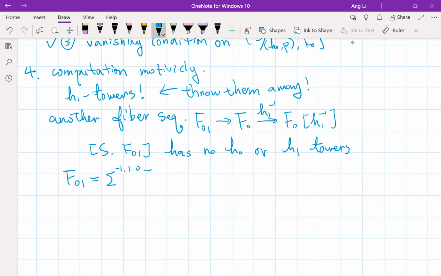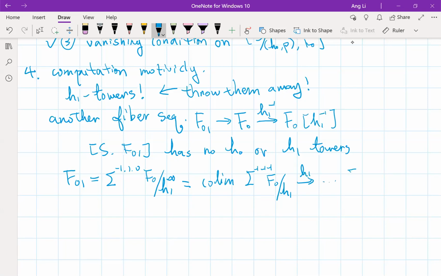And the colimit, I'm denoting that as H1 infinity, because it is the colimit of multiplying by H1.